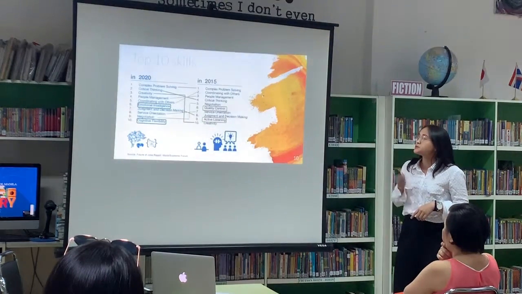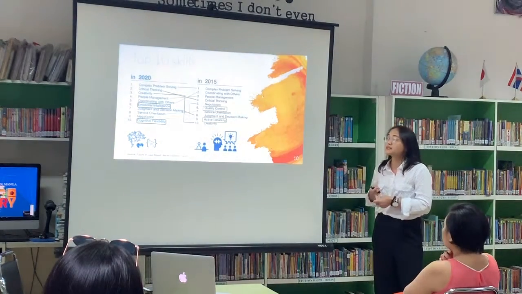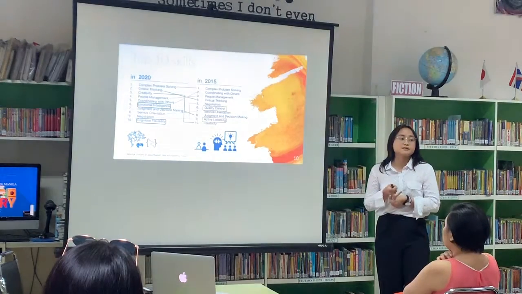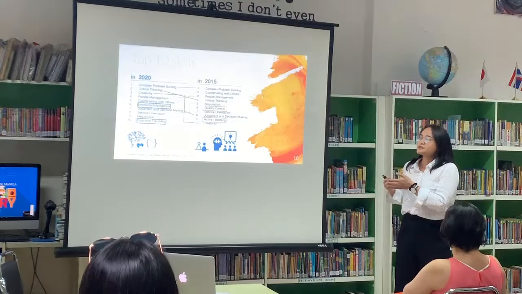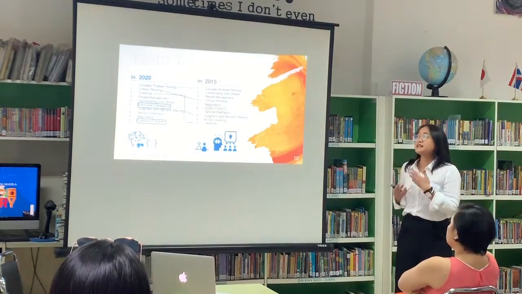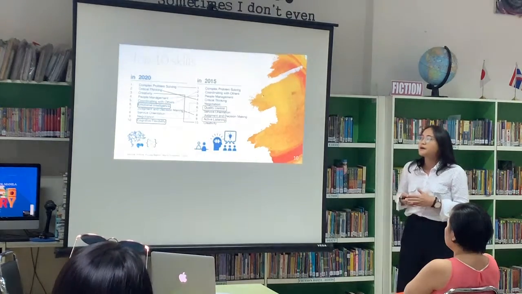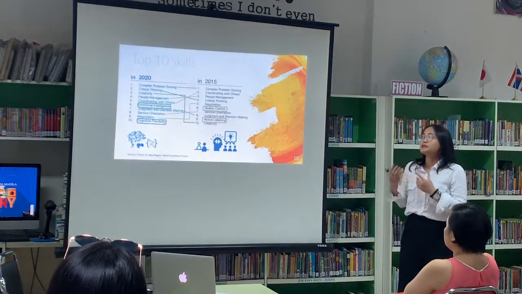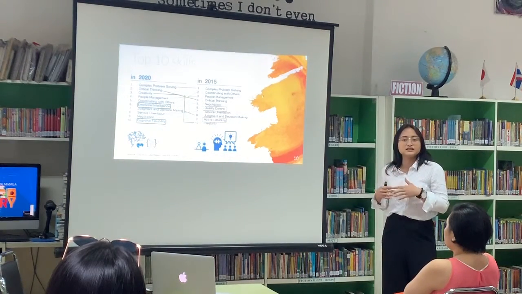We can also see there are two new top skills in 2020, which are emotional intelligence and cognitive flexibility. Due to changes, there has been a need to have emotional intelligence, since we can all look up everything that we need through the Internet of Things, and cognitive flexibility as well. It's not just complex problem solving. We should have flexibility in our thinking.